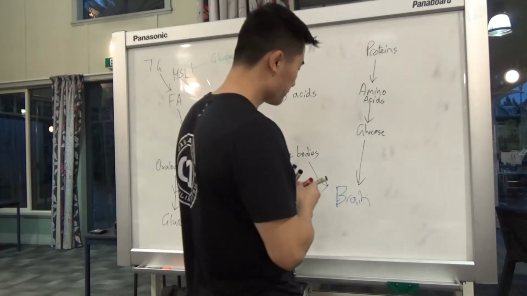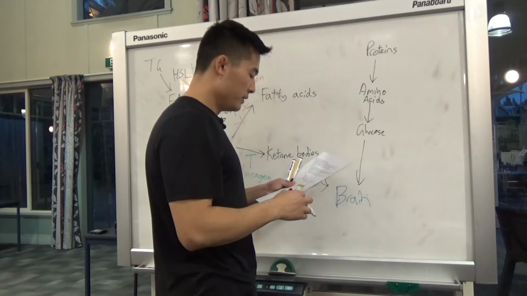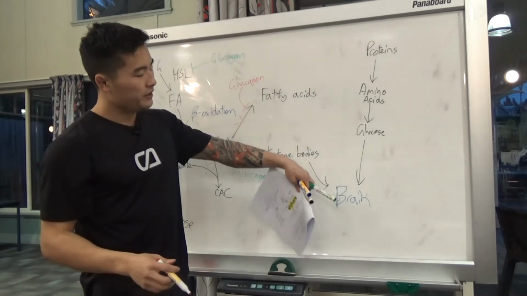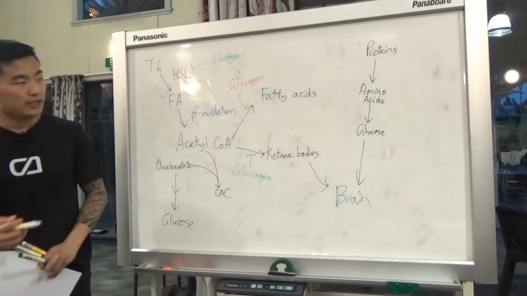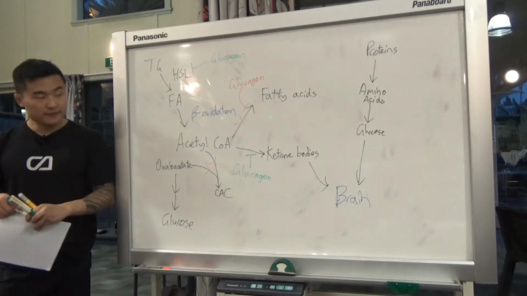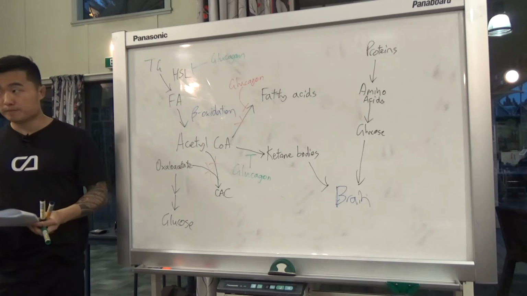So we can now reduce the amount of protein that needs to be broken down to provide glucose for the brain. Okay.